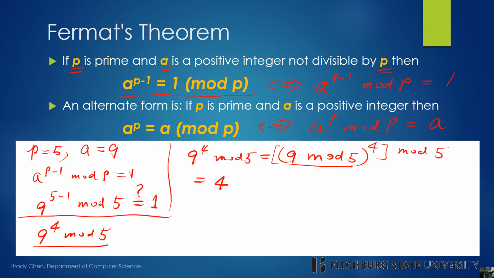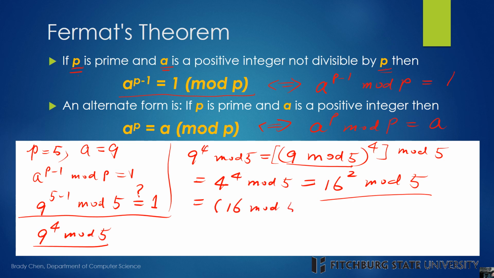So that's 4 to the 4 mod 5. And 4 to the 4, we can write as 16 squared mod 5. Using the property of the mod operation, it is the same as 16 mod 5 squared, mod 5. 16 mod 5 is 16 divided by 5, so the remainder is 1. So 1 squared mod 5, which is 1. Yes, this is 1.